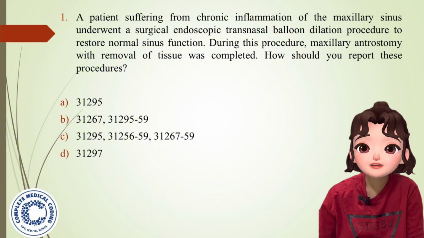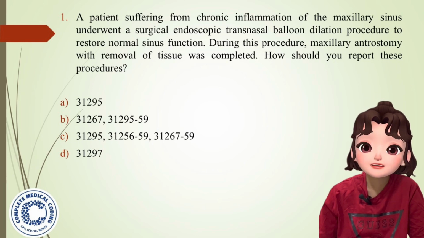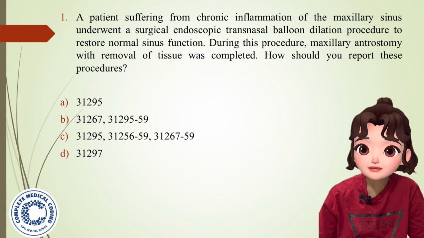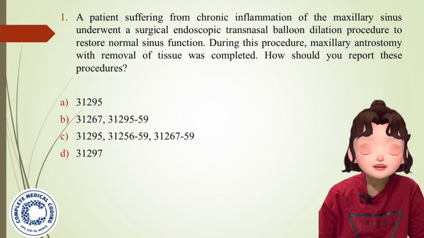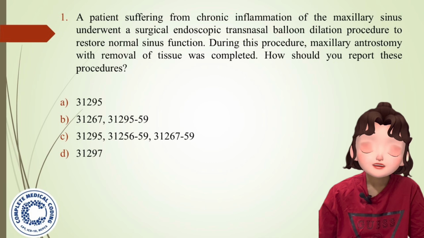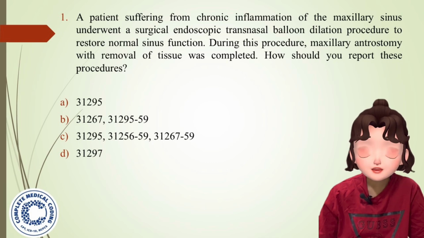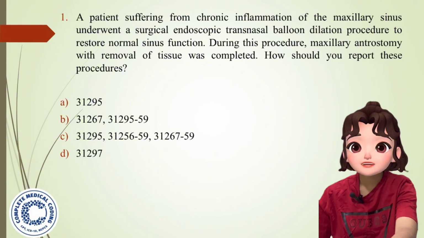Now moving to option B. Let's find out what it is. See, in option B, two codes are present. The same as in option A, 31295, it is marked as a secondary code along with modifier 59 to represent it as a distinct procedural service. And what is the first code? 31267.